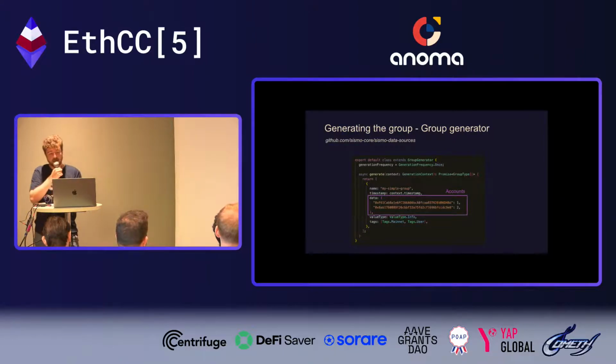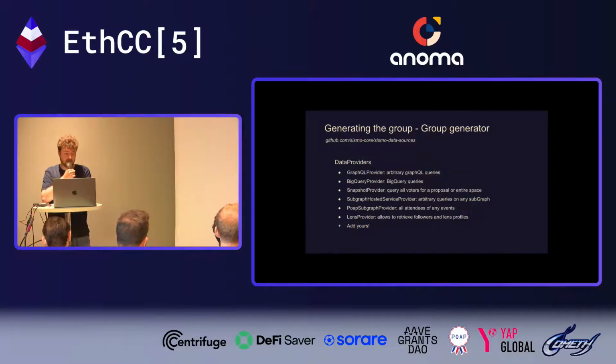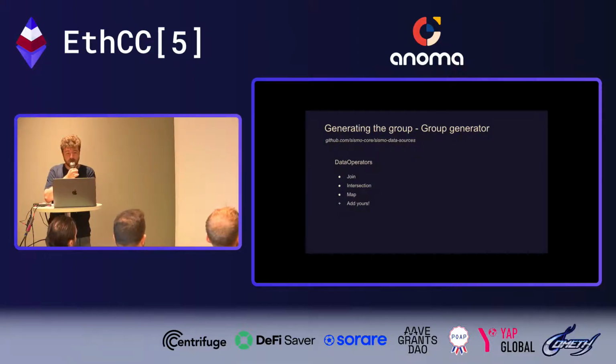Here it's an example that is not really interesting because you have just written two accounts and that's it. So we have some data providers. All is open source, so you can add yours if you want, and we will be really pleased for that. We created a GraphQL provider and a BigQuery provider that help to create a lot of data in a very selective way, Snapshot, etc. We also created some data operators to join, intersect, or map these groups.